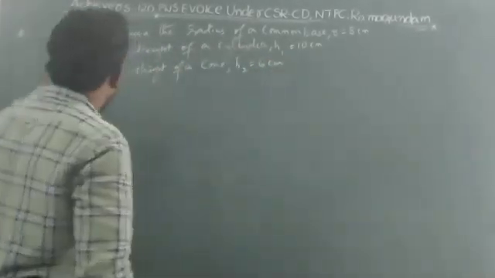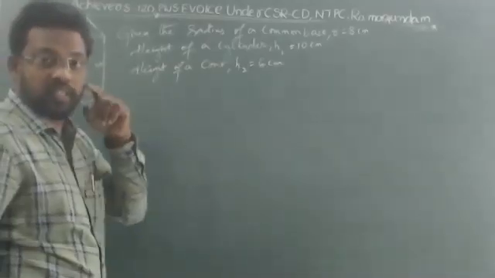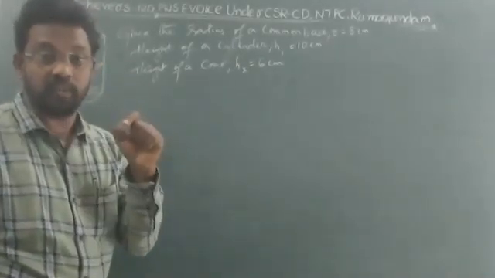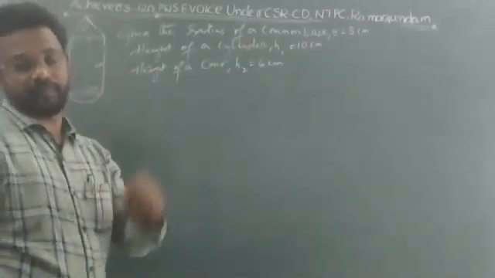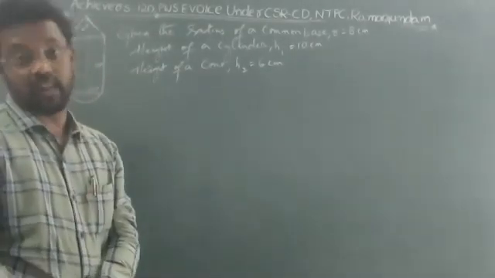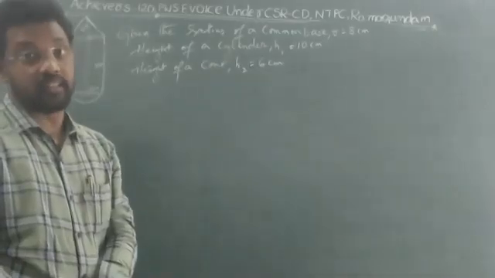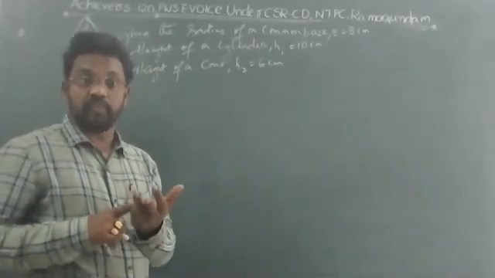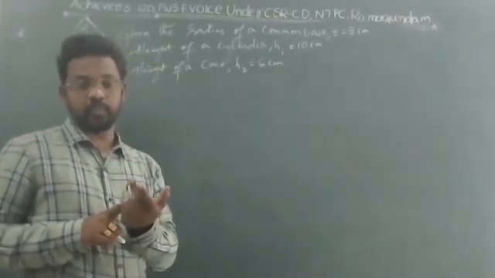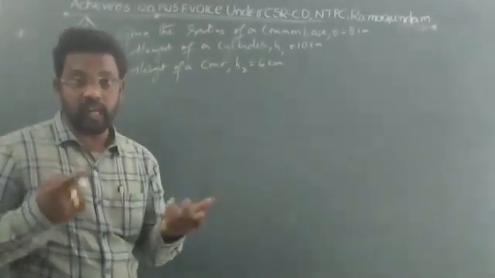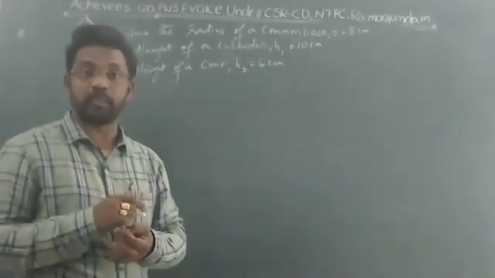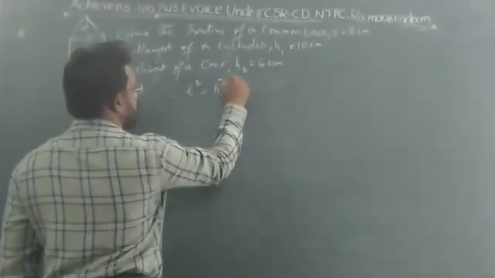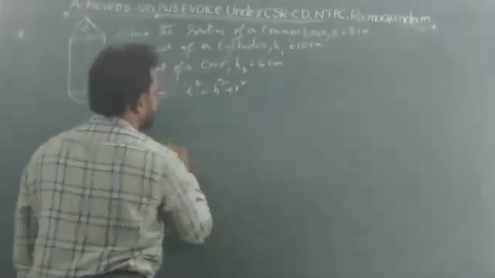But what formula do we get for the cone? The curved surface area of a cone is pi r L, so you have to find L. If radius and height are given, I will find L. L square is equal to H square plus R square.